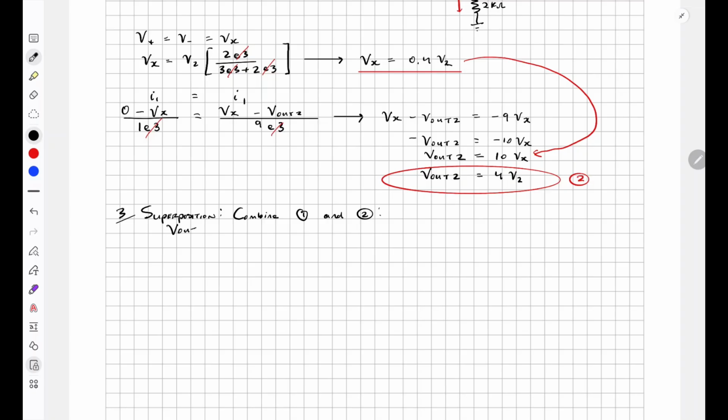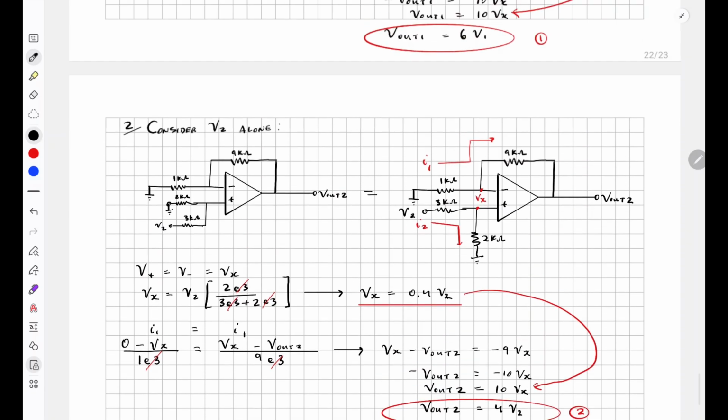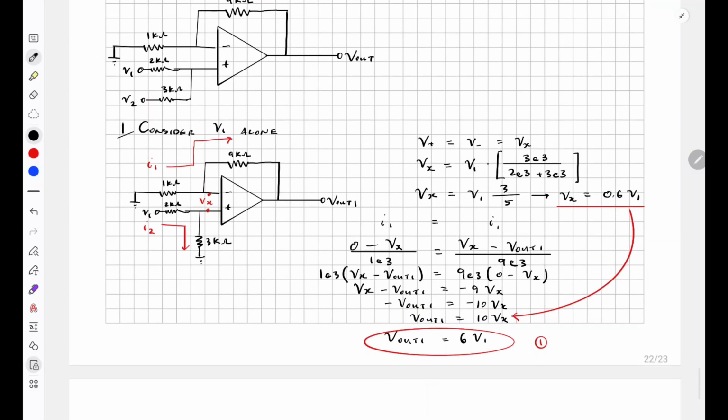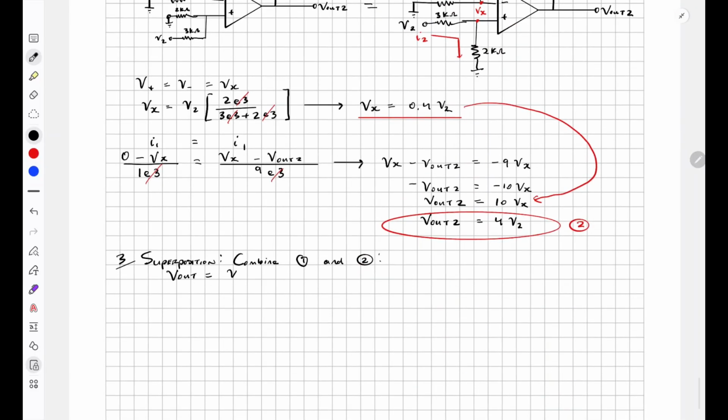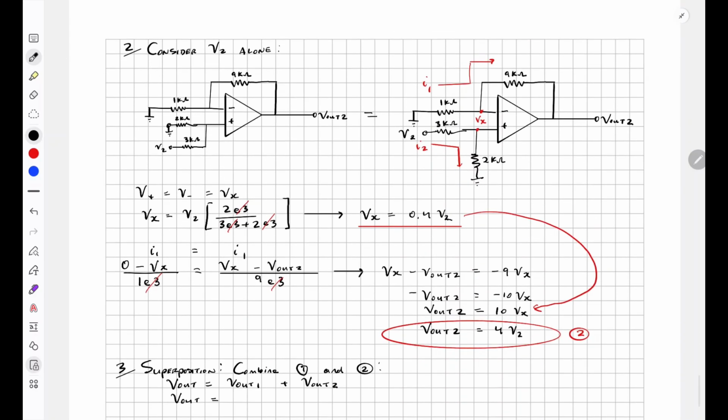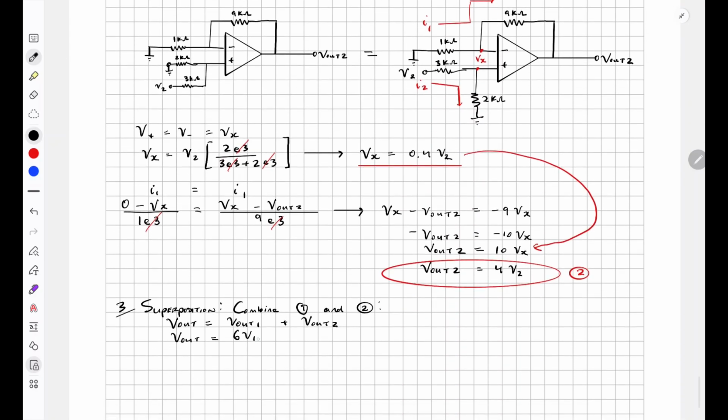So V out is equal to, now you see why I called it V out 1 for the first superposition and V out 2 for the second superposition, because V out now is equal to V out 1 plus V out 2. Now we say V out is equal to V out 1 which is 6V1, and V out 2 which is 4V2. And then here is the final answer.